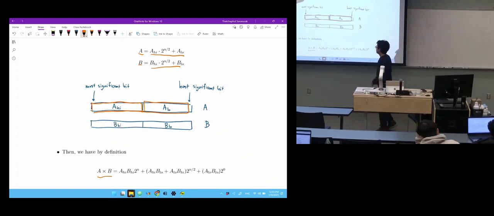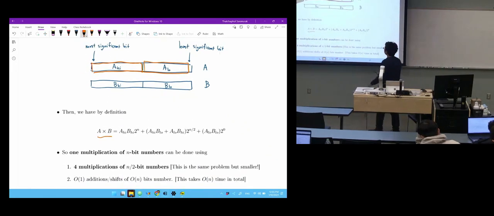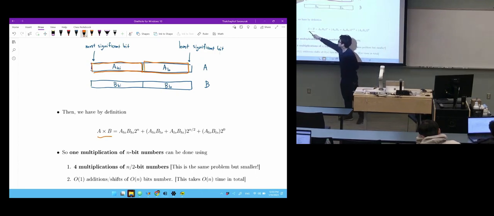So to multiply two n-bit numbers, this can be done using 4 multiplications of n over 2 bit numbers. This is one multiplication of n-bit numbers, and how to do that? You just need to multiply this and this. So that's 4 multiplications of n over 2 bit numbers.